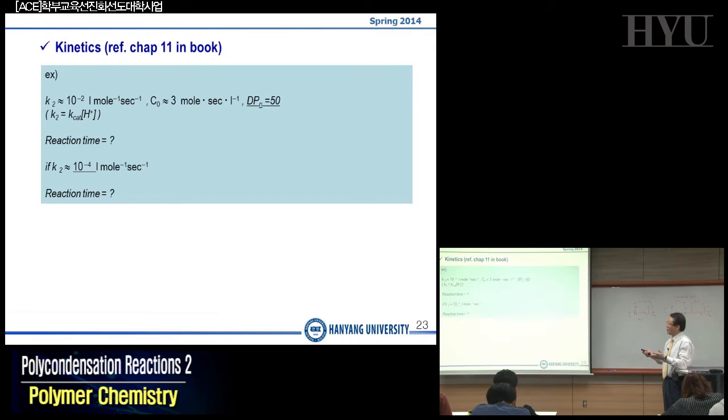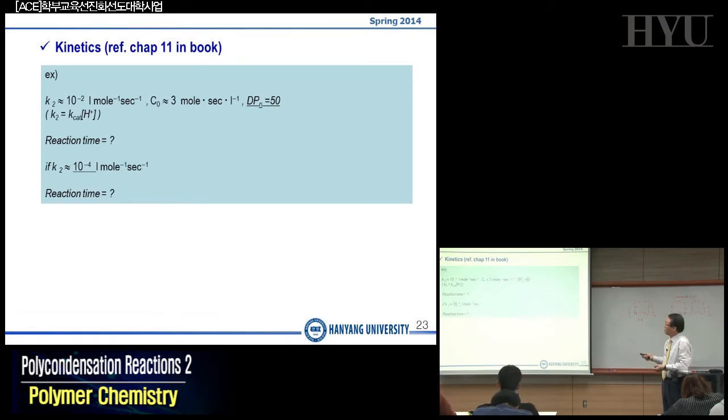And what happens if I decrease the rate constant from 10 to the minus 2 to 10 to the minus 4 in order to obtain dPn equal to 50? Only 2 orders of magnitude difference in K2, but I think we may have a very different time scale.